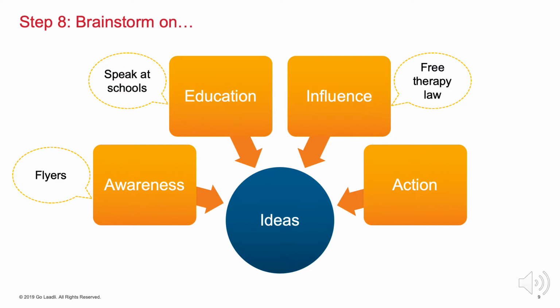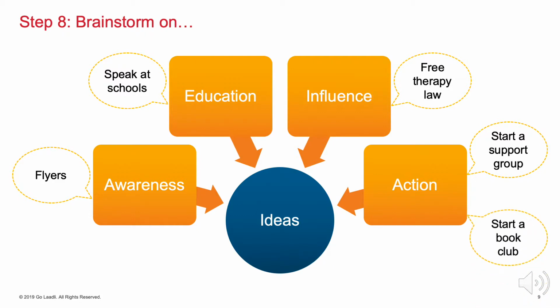You could try and influence the school or even the government to have a free therapy for all depressed teens. And some actions you could take on your own would be to start a support group or maybe a book club. So that's 5 ideas. You want to shoot for at least 5, I'd say maybe even try and get to 10.